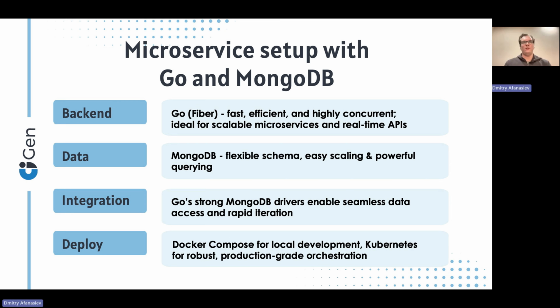And to go with that, I think one of the best choices for a database in that context is MongoDB. It's very well suited, particularly for microservice deployments, because it has a flexible schema, which means that you don't have to coordinate all the time the schemas between microservices, and it makes stuff like migration easier since it's a NoSQL database.